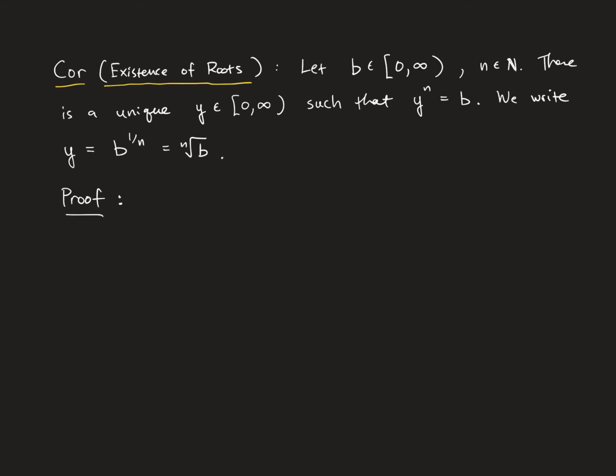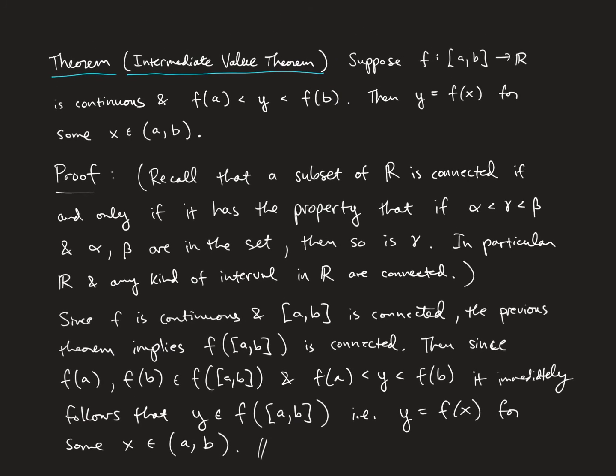So basically what we want to say is that we're trying to find this y, right? Given this b, we want to produce this y, but that's what the intermediate value theorem is good at doing, right? Given something, it's good at producing some x such that y is equal to f of that x.